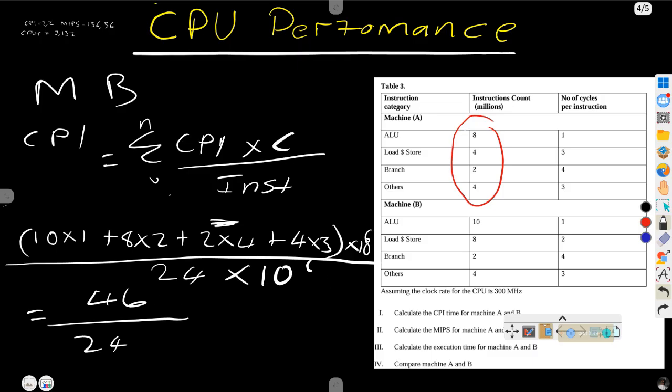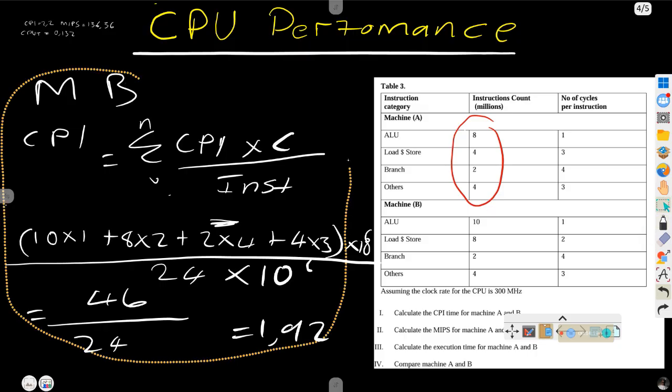Therefore 46 over 24 is, no, it's not 0, it is equal to 1.92. That is our CPI actually.